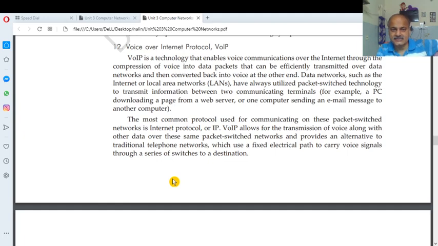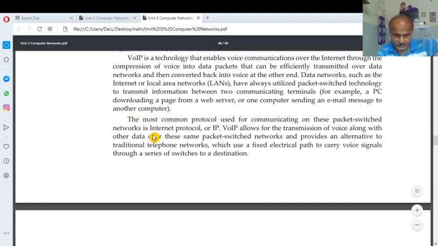Data networks such as the internet or the local area network have always utilized packet switching technology to transmit information between two communication terminals. For example, a PC downloading a page from the web server, or one computer sending an email message to another computer. The most common protocol used for communicating on these packet switched networks is the Internet Protocol, or IP.